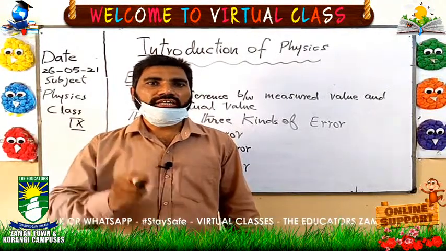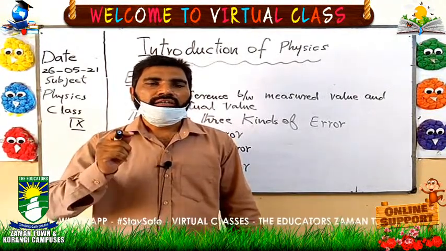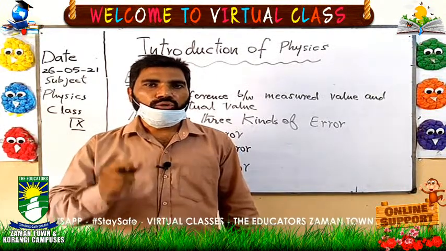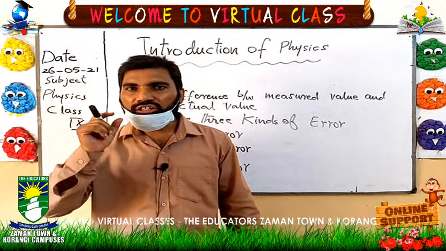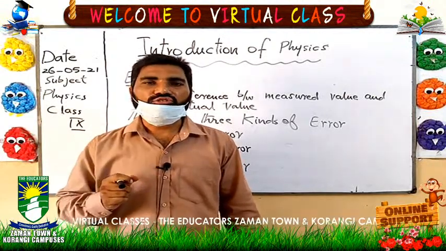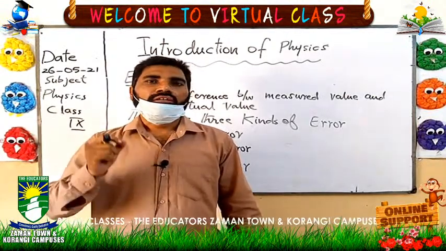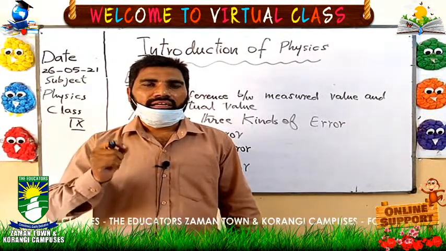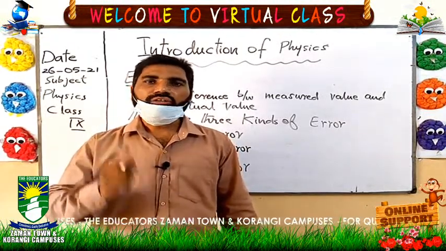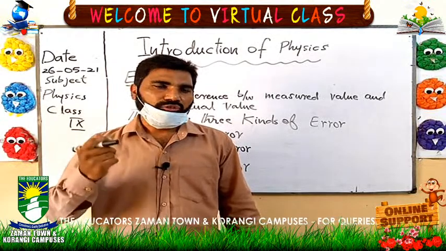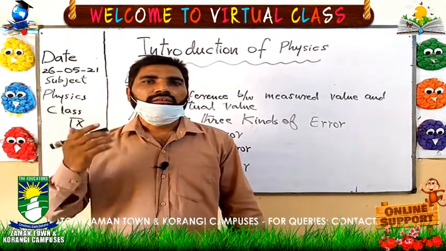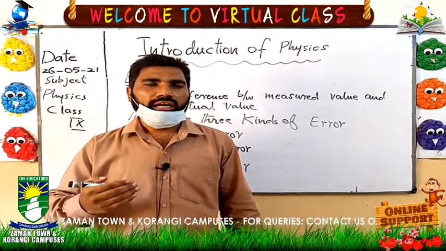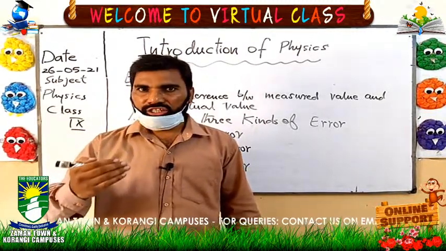So by the vernier caliper, whatever measurement you do, it will be wrong. It is not the actual reading. This kind of error is called zero error. There are two kinds of zero error: positive zero error and negative zero error. Zero error can be overcome by zero error correction.